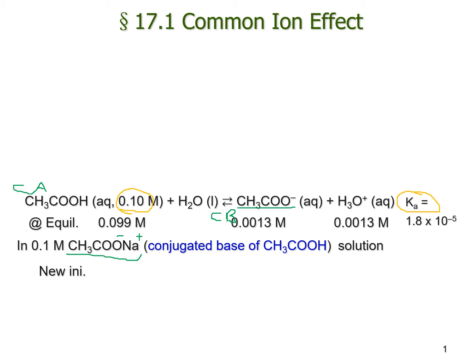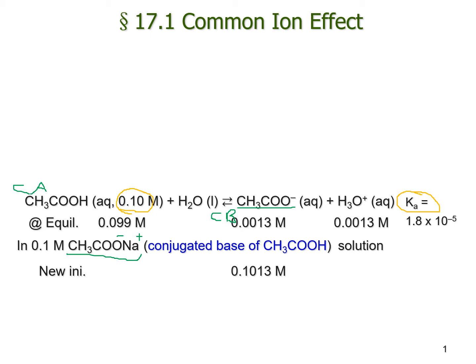So 0.1 mole of sodium acetate gives 0.1 molar of acetate. With that in mind, the concentration of acetate has now changed to 0.1013 molar. Here I just make a simple addition to make a point. The concentration has been this much.